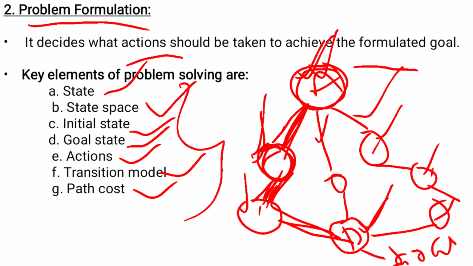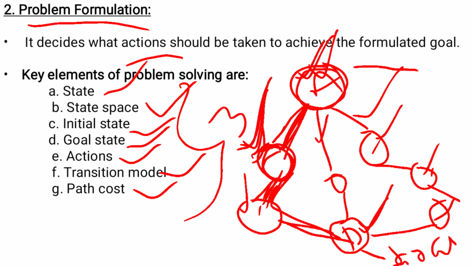This is the path cost. Path cost assigns a numeric cost to each path that leads to the goal, meaning how many steps are required to reach a goal. Consider this as the first path. How many steps are required to reach the goal? Here 1, 2, 3, within 3 steps we can reach our goal.